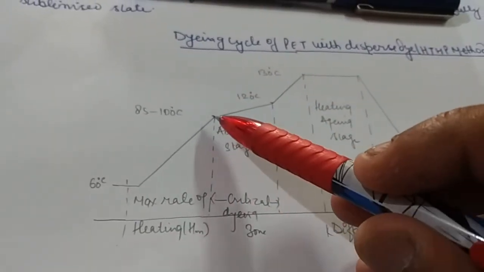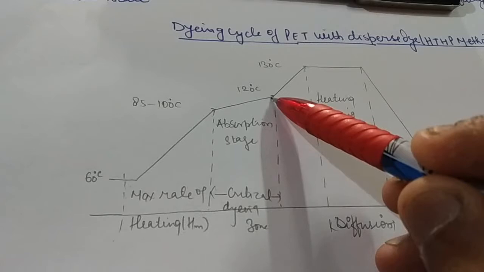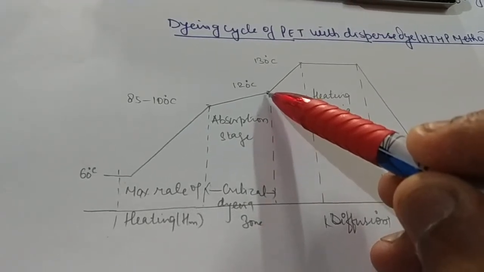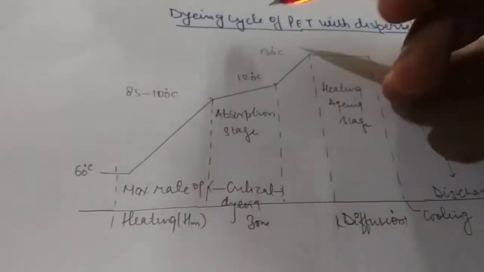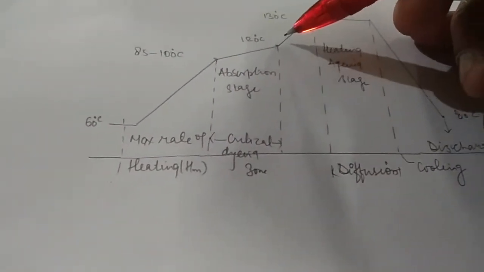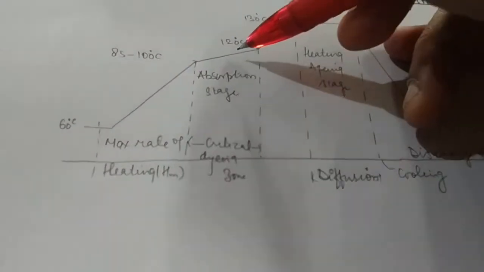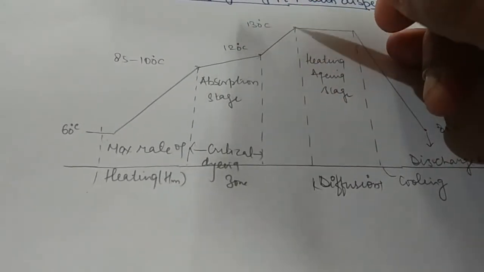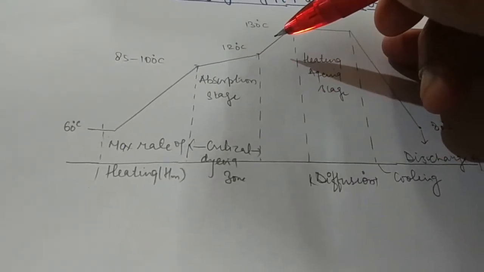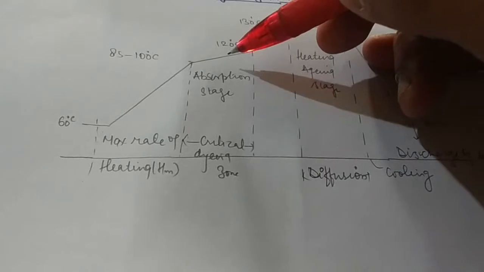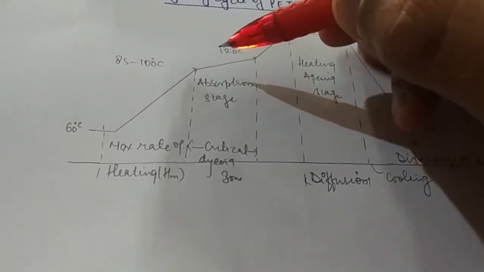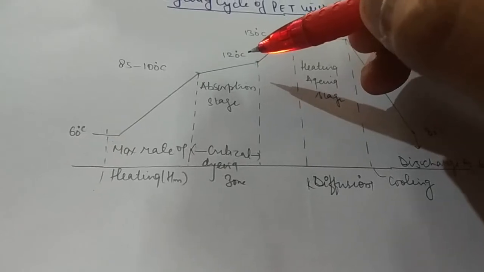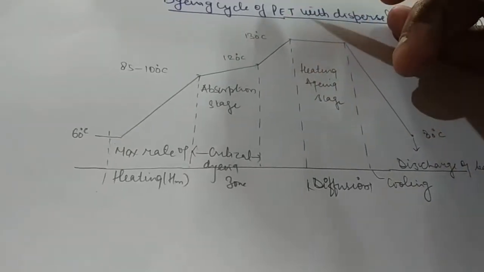After this point, up to 120 degrees centigrade, we increase the temperature very slowly, around 1 degree centigrade per minute, because in this region the maximum opening required for dyeing is carried out. That's why we control the rate of dyeing through controlling the temperature of the dye bath.